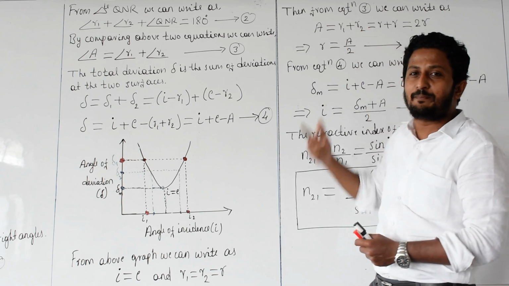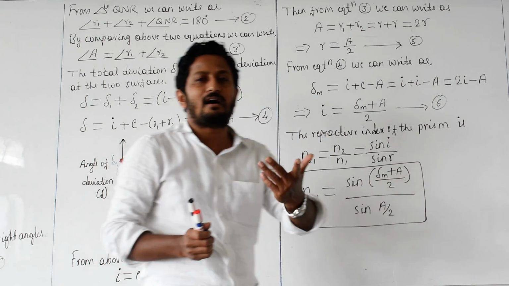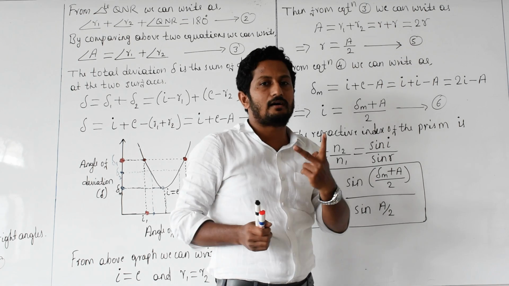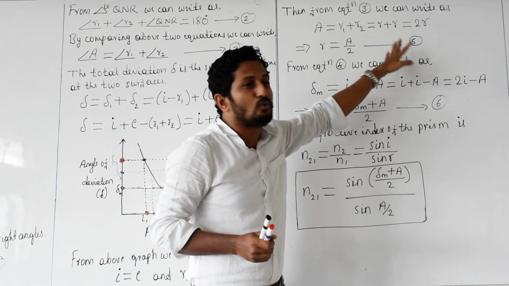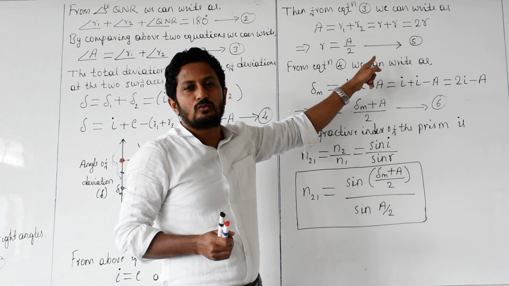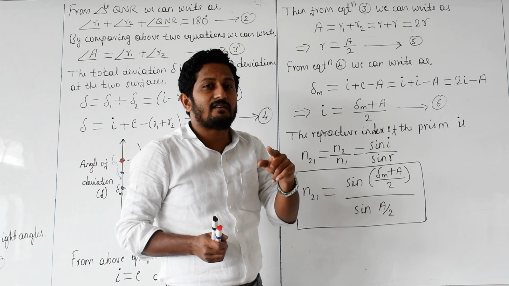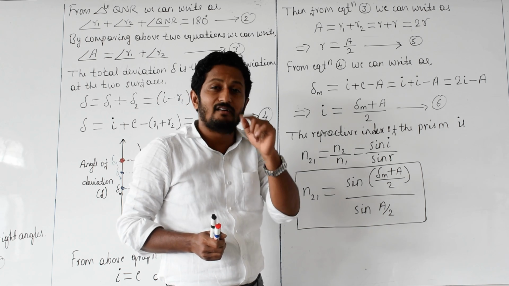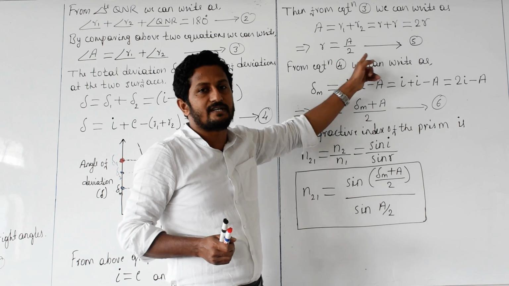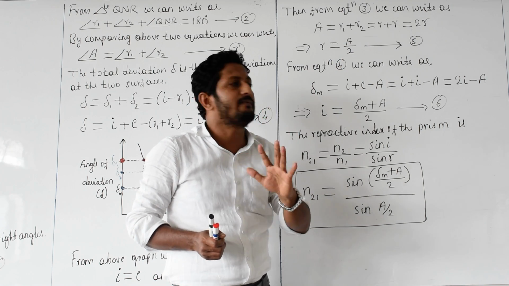You can replace R1 by R and R2 by R, so R plus R, 2R. A is equal to 2R. Then R is equal to A by 2. Getting what I mean to say? Here we treat R as the angle of refraction, that is equal to A by 2. Say it equation number 5.